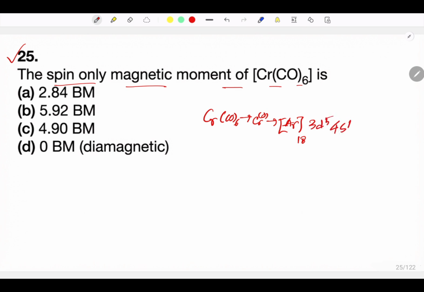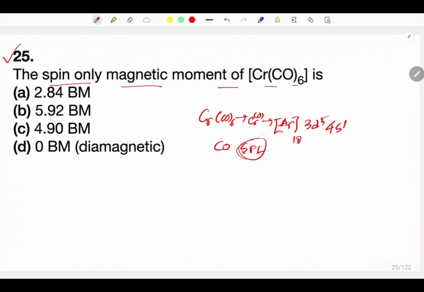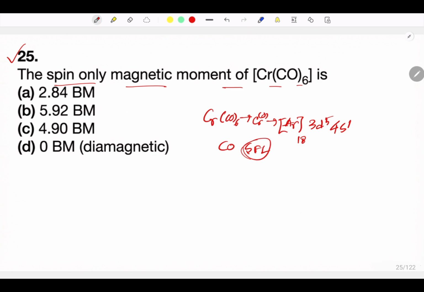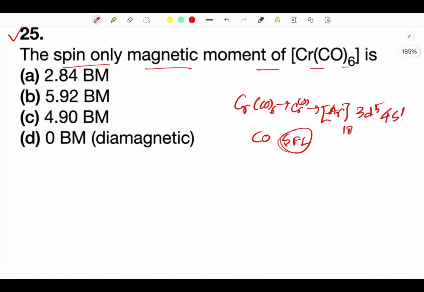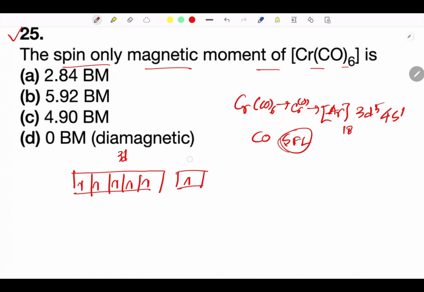CO is a strong field ligand. If we draw the orbitals of chromium, this is the 3d orbital, 1 2 3 4 5, and this is 4s, like this.